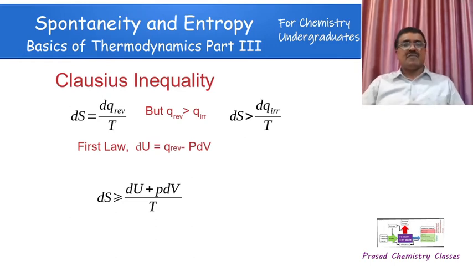Now, if you put in the first law equation, what is the first law equation? dU equals dq minus pdV, or dq is equal to dU plus pdV. So we can write dS is equal to or greater than (dU plus pdV) by T. That is the Clausius statement for the second law of thermodynamics. The equal to sign refers to equilibrium or reversibility, and the greater than sign refers to irreversibility or spontaneity.